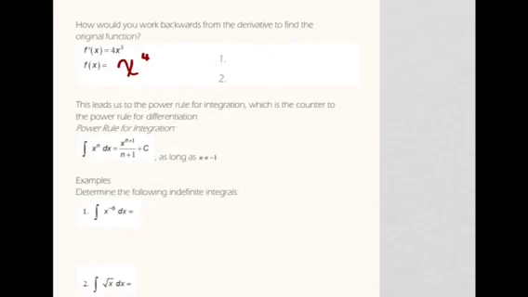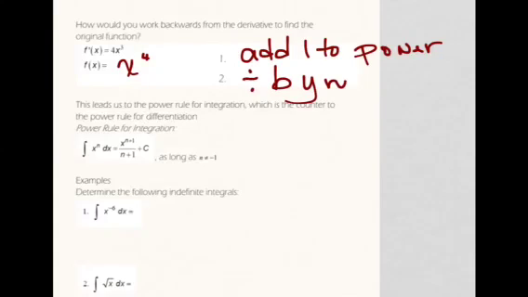Actually, I don't want to do that. I want to actually write the notes in. You will add 1 to the power. That's where the fourth power comes from. And then you will divide by the new power. That's why the 4 is no longer there in the answer.